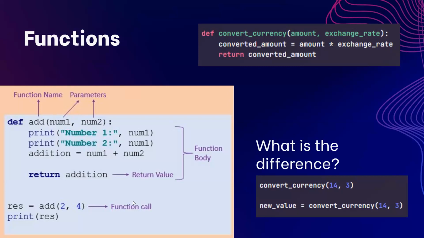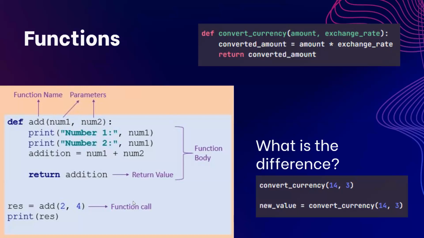So for example, we have add(2, 4). When you call this function, Python is going to look for a function named add and check whether there are the same number of parameters within both the call and the definition. Then it's going to associate the 2 with num1 and the 4 with num2.